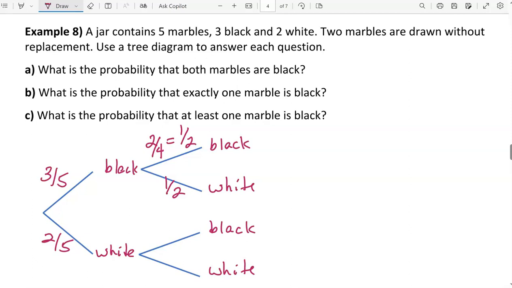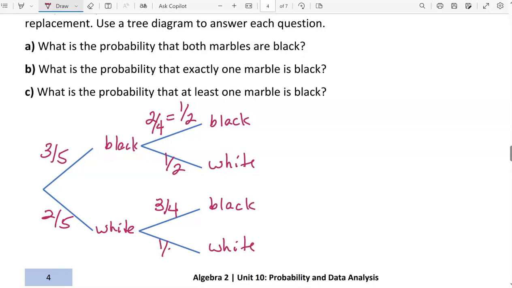If we draw a white marble the first time, then there are 3 black and 1 white left, so our probability of drawing a black marble is now 3/4, and the probability of drawing a white marble is 1/4.